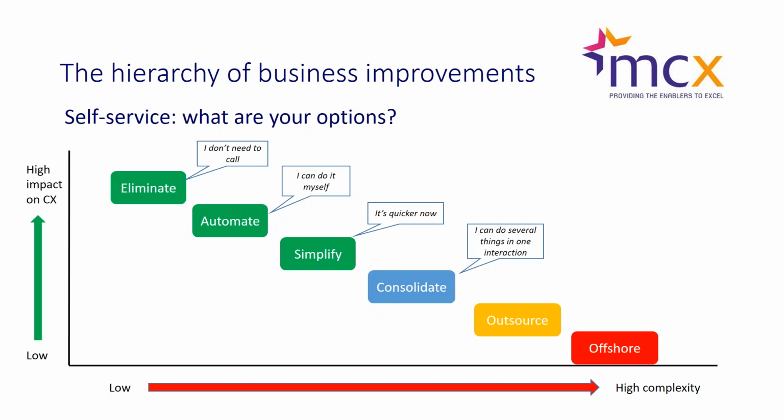Likewise, if you can automate a function, you're then enabling them to self-serve. And if you can't do that, then simplifying it. So in other words, it just becomes quicker and potentially, although we're getting into slightly more complex scenarios, actually consolidating processes, so allowing a customer to do multiple things within a single interaction with a self-serve option at the front.